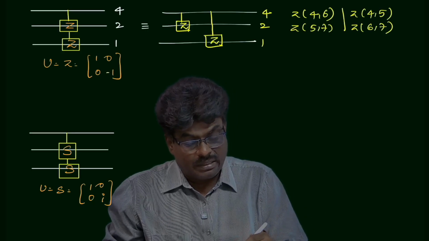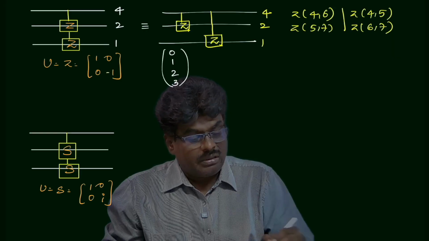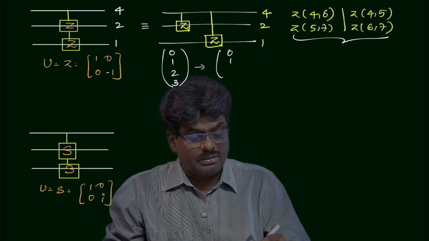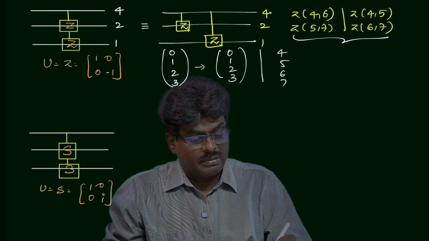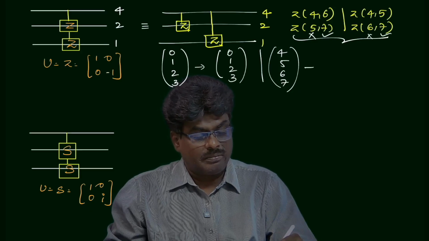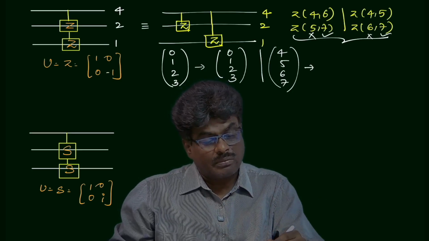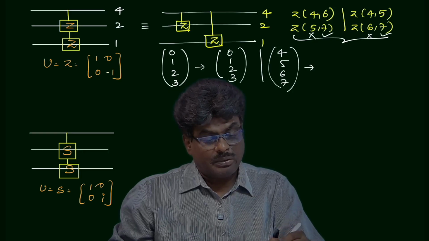Now let me take 0 1 2 3. Here there is no 0 1 2 3, that's why it is as it is 0 1 2 3. And next I am taking 4 5 6 7. You know that this is off and on, off on. Now just go from left to right. 4 off, no issue. Next again 4 off, no issue.